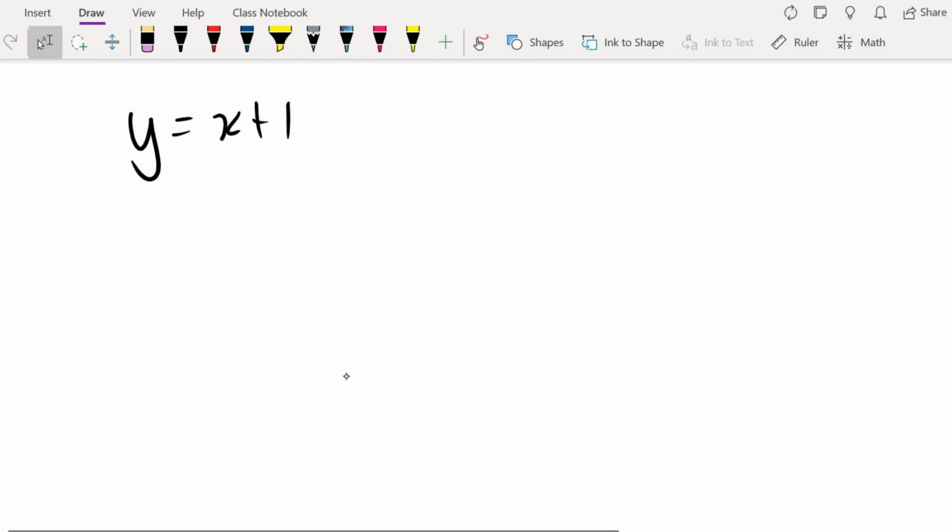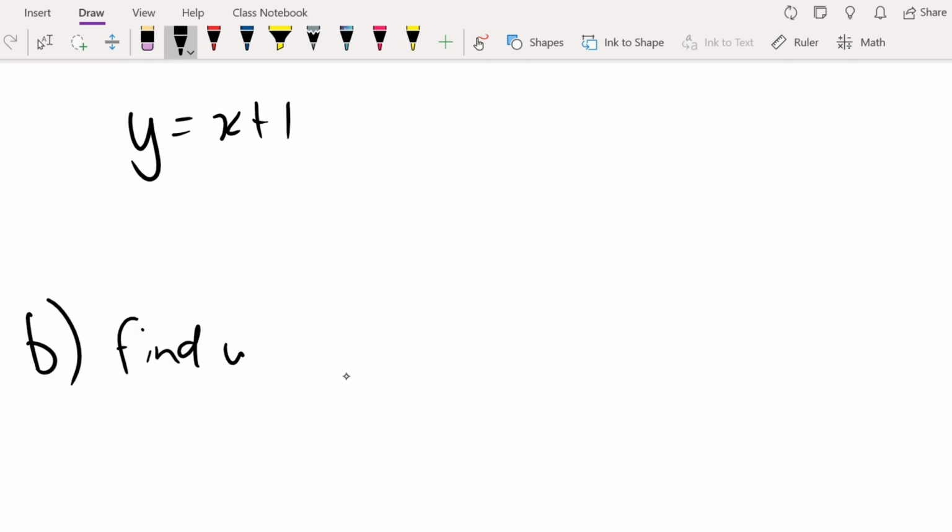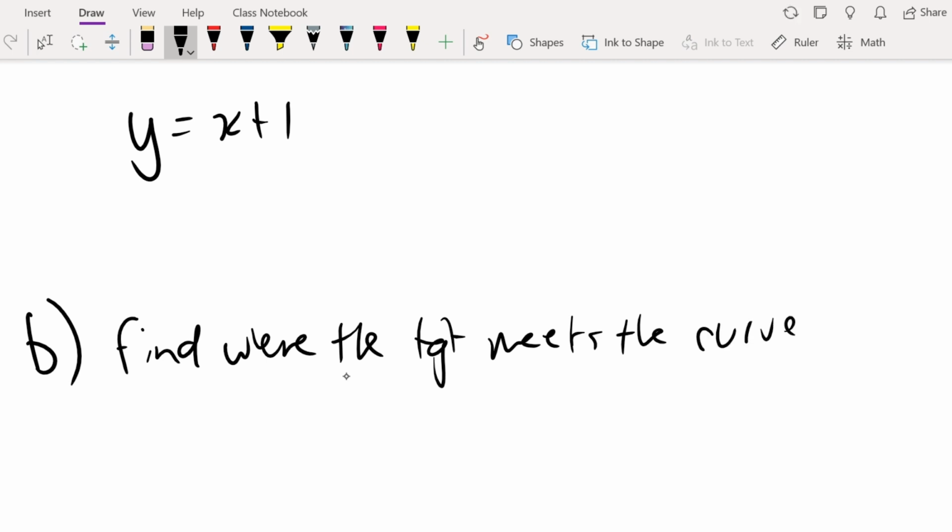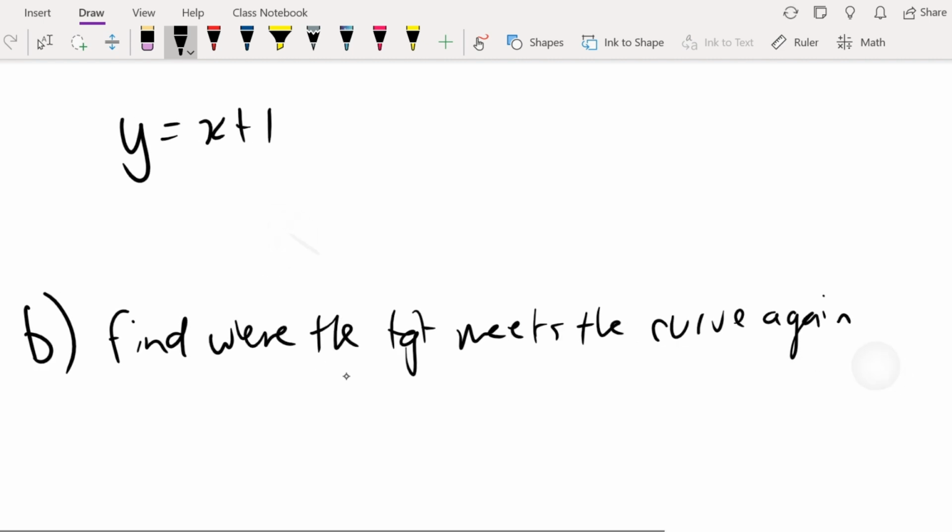Occasionally you'll get another part of the question, like a part B, and it'll say find where the tangent meets the curve again. It's a very common part B for SACE to ask you.